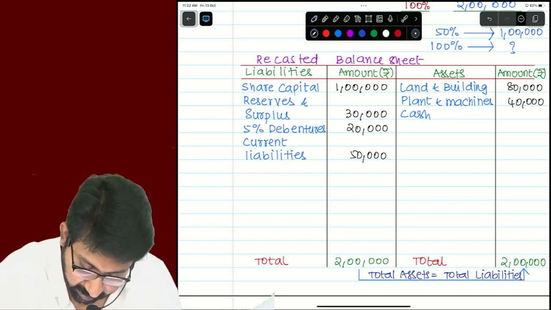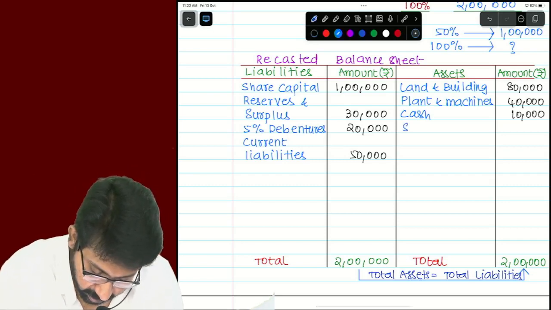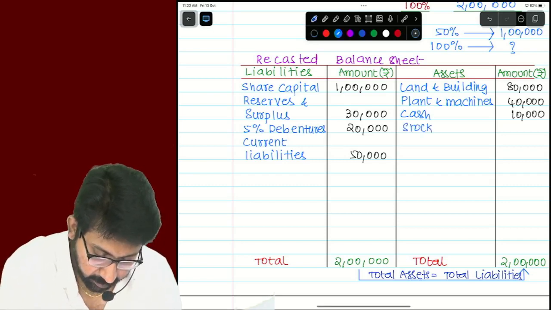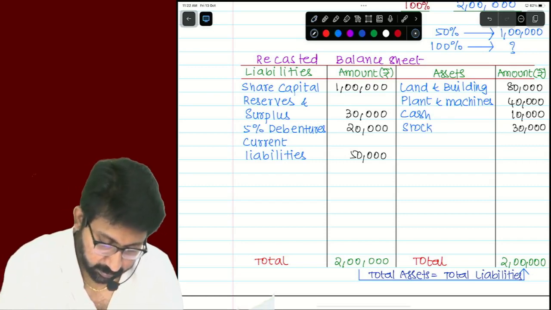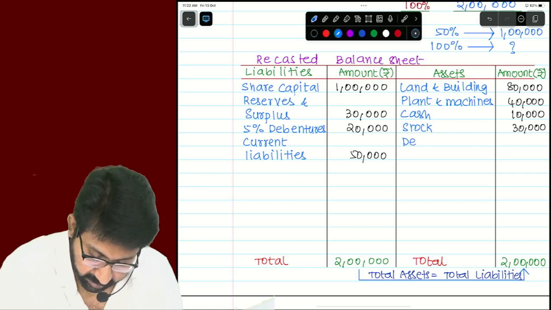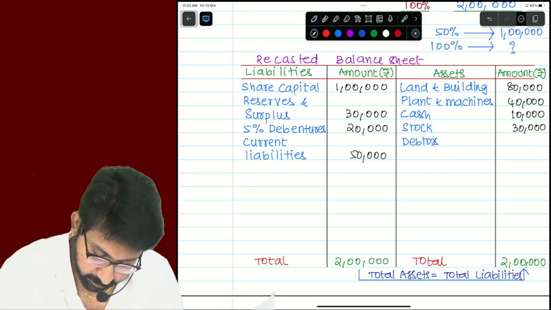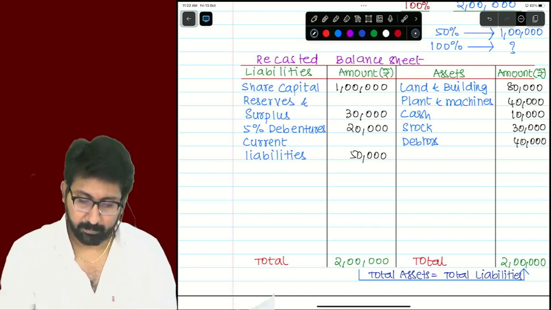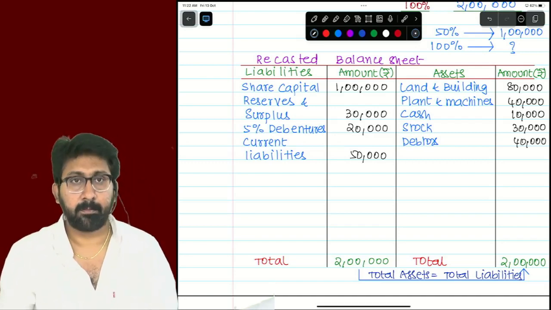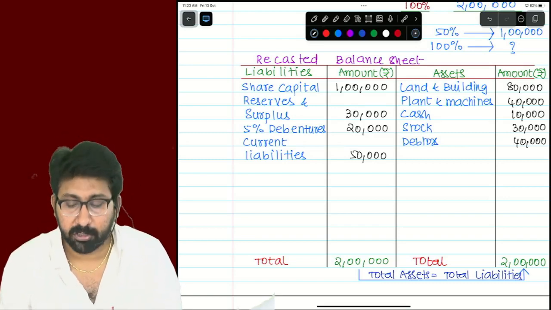Separately we have to write. What is this stock? You calculated, yeah? Tell me, what is the debtors? Okay? Have you got the total 2 lakhs or not?